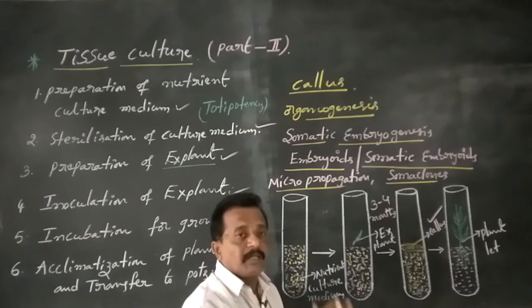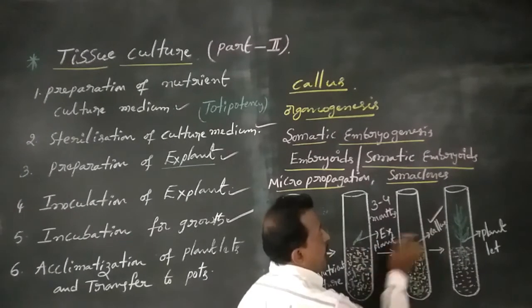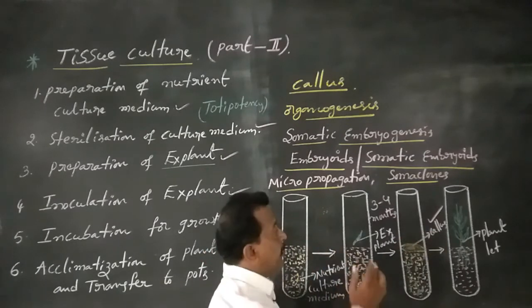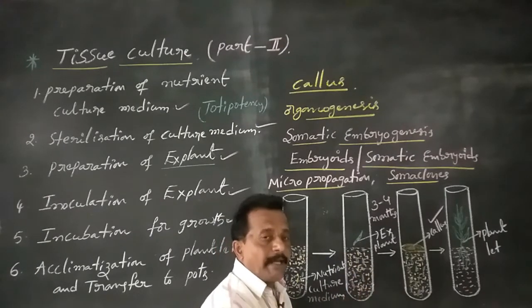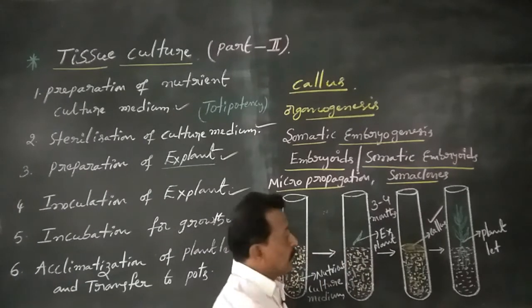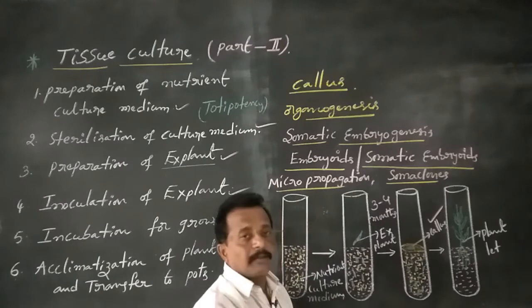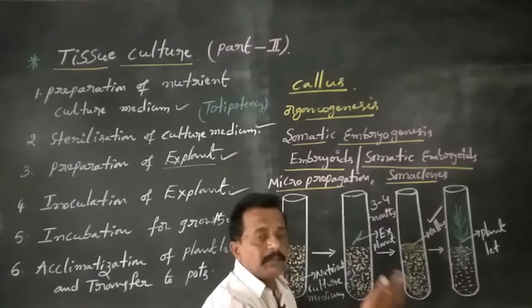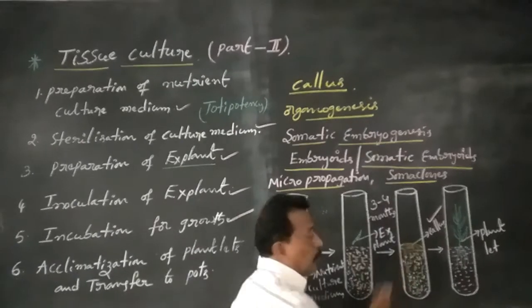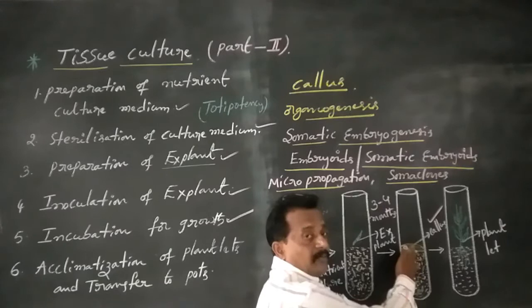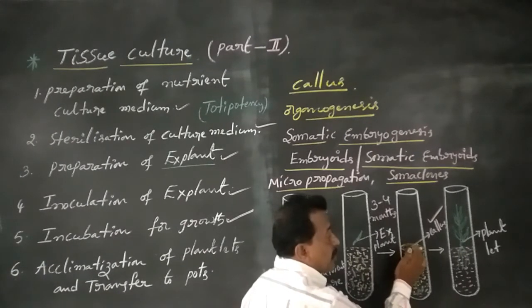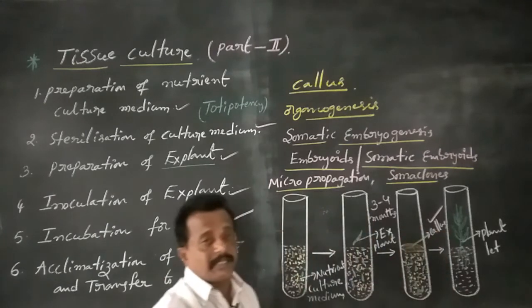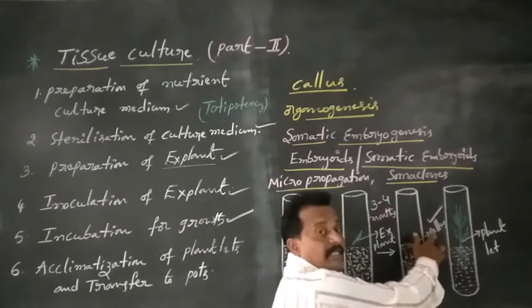In 3 to 4 months the explant changes into callus. So this undifferentiated mass of cells is known as callus. So callus is formed.